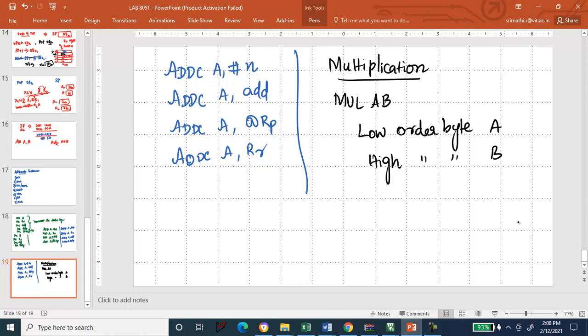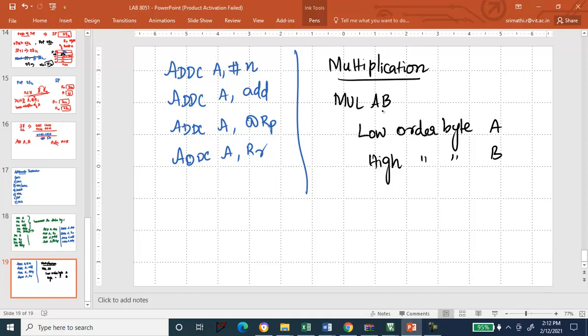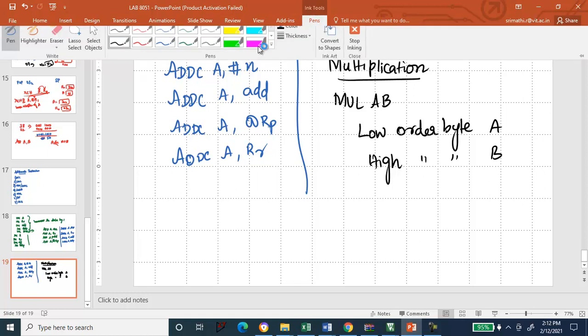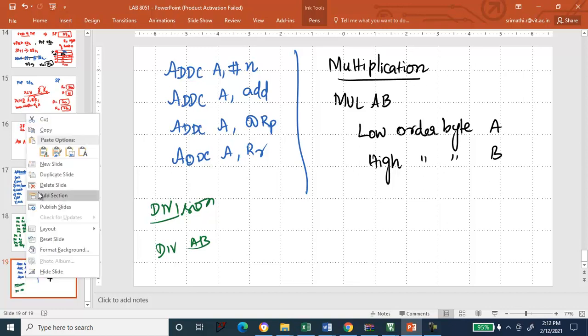Then we have the division instruction, DIV AB. We will see how to use these instructions one by one.